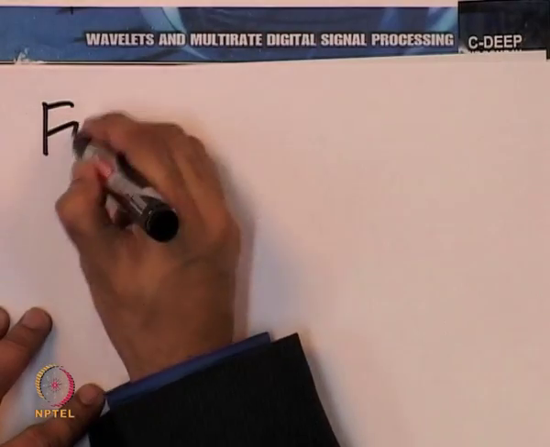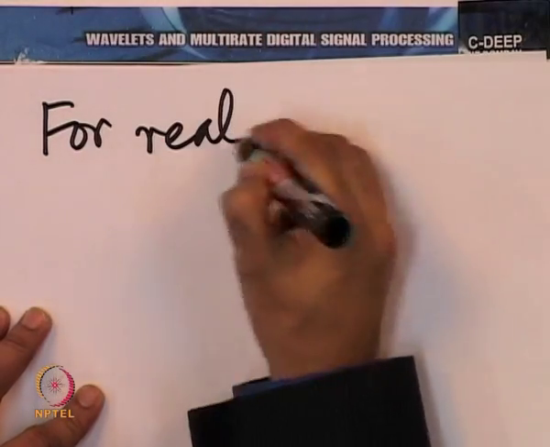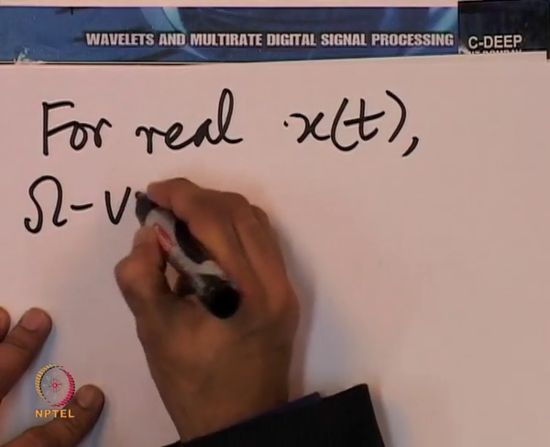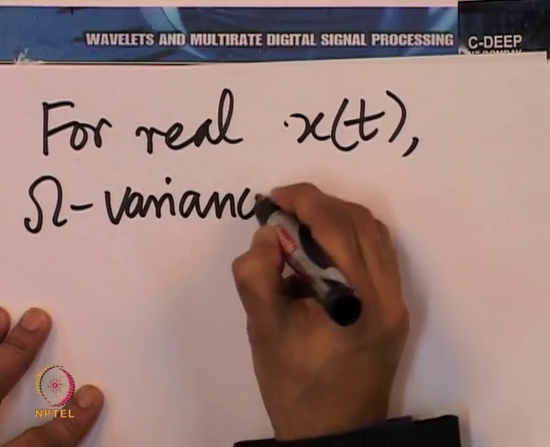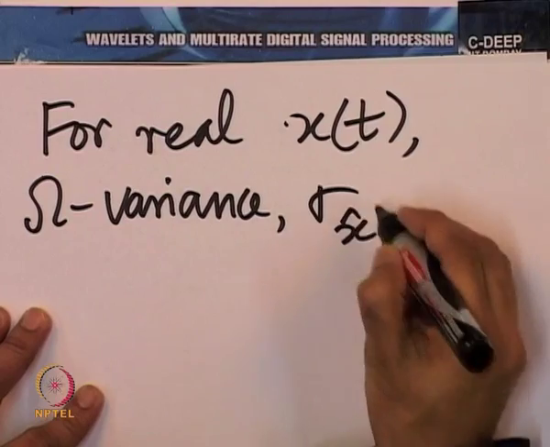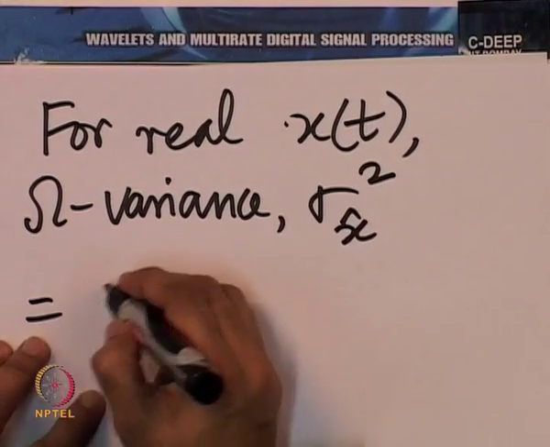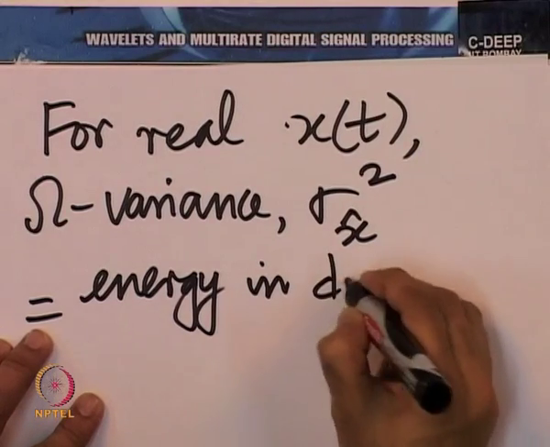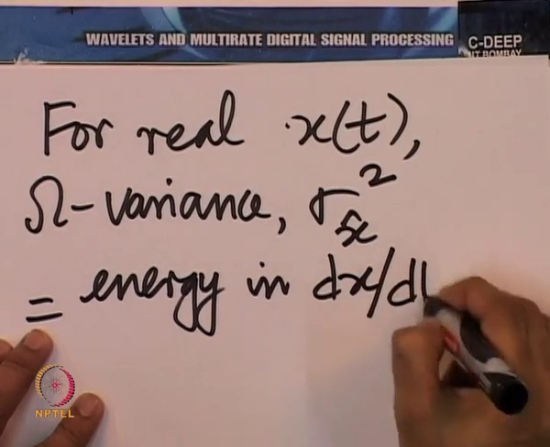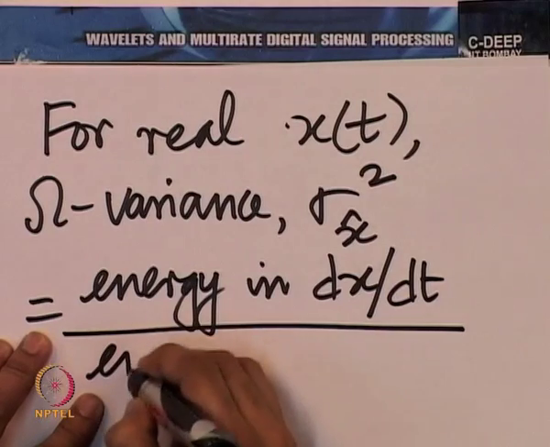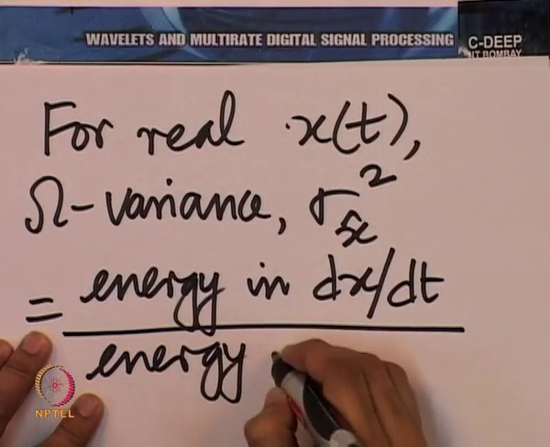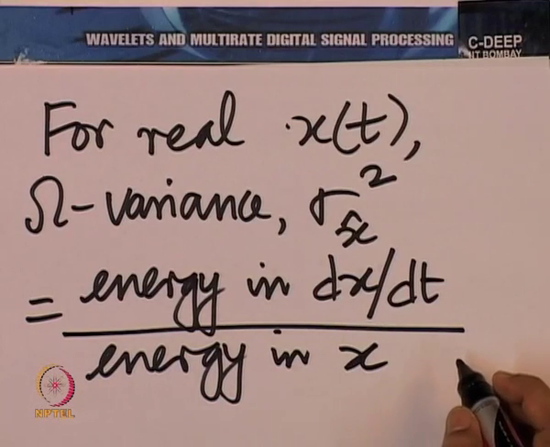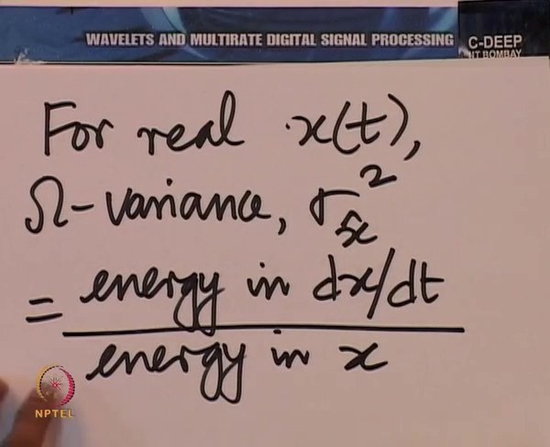For real functions, for real x t, the frequency variance, omega variance or sigma x cap squared is essentially the energy in dx t dt divided by the energy in x, or the L2 norm squared of the derivative of x divided by the L2 norm squared of x.